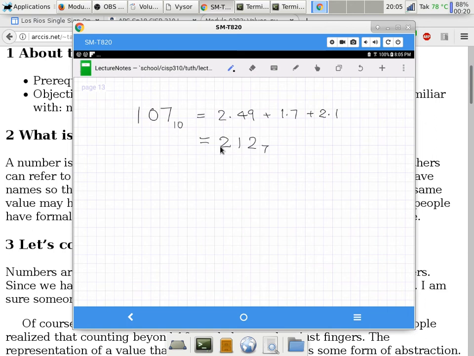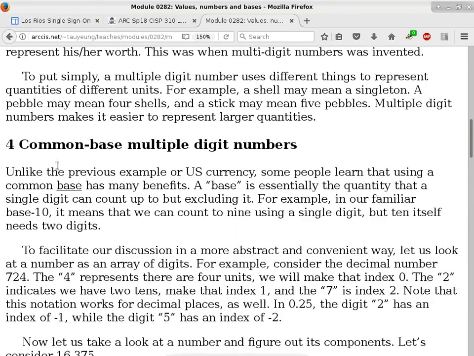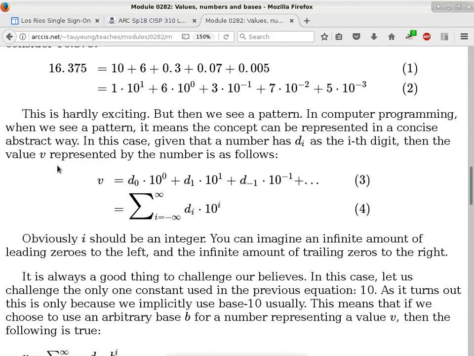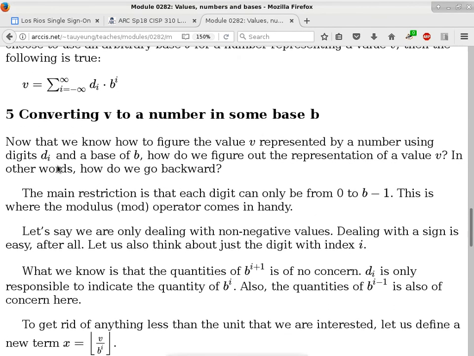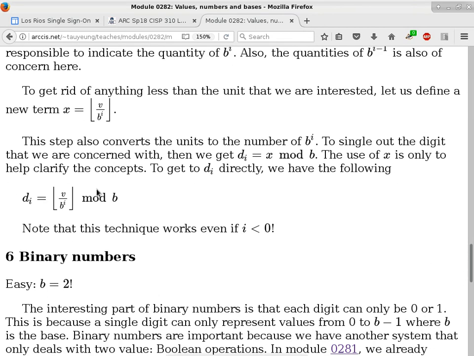So if you go to the notes, we talk about all of this stuff here, which is already covered in the notes. But the base conversion part is kind of tricky. If you want to convert a particular value v into whatever base you choose, there's a really easy equation to do it. I'm skipping to the actual result here.